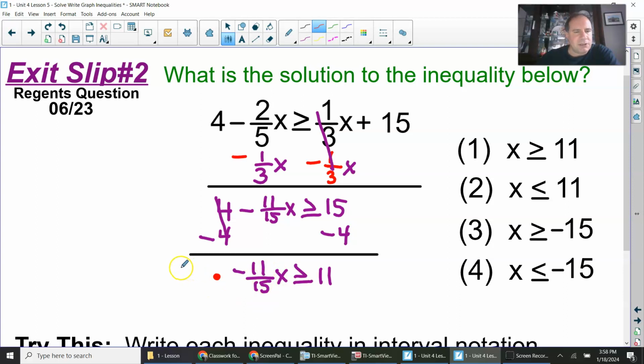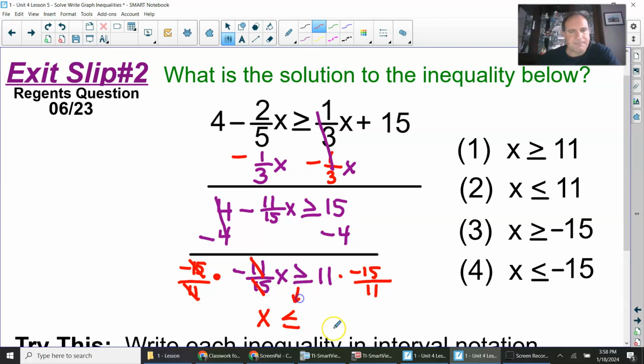So now instead of negative 11 over 15, it is negative 15 over 11 times negative 15 over 11. This cancels with this. This cancels with this. Since I multiplied by a negative, I am going to flip the inequality symbol.